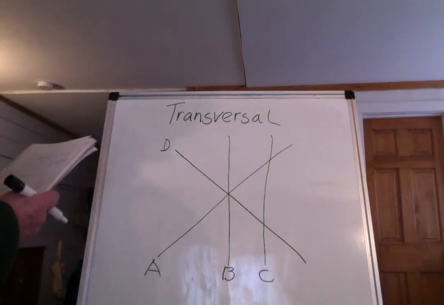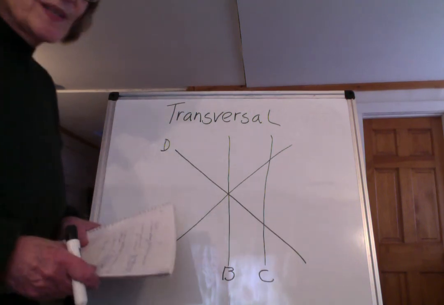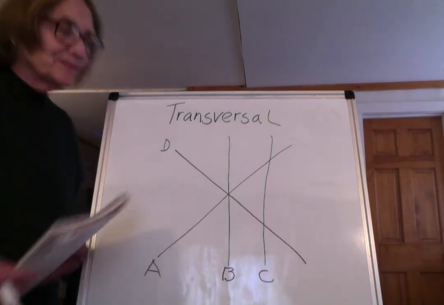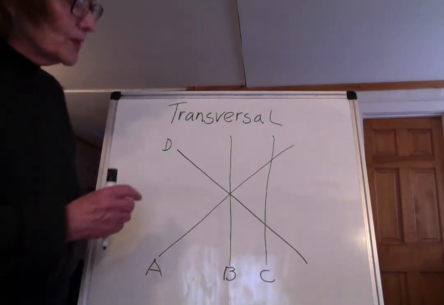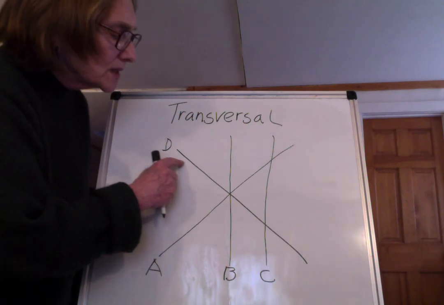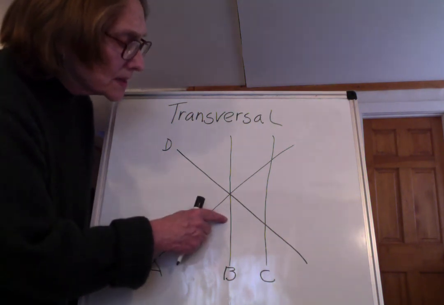Now let's look at these and think about the rules that I told you, but we're going over them, so don't worry. All right. Is D a transversal? Well, let's look at it closely. Yes, it hits this line B, doesn't it?